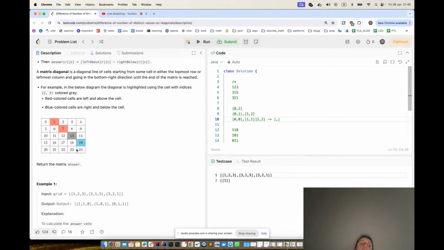So actually for every cell we can maybe do m over n by m over n.